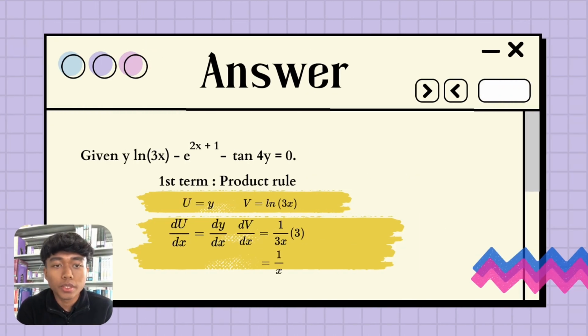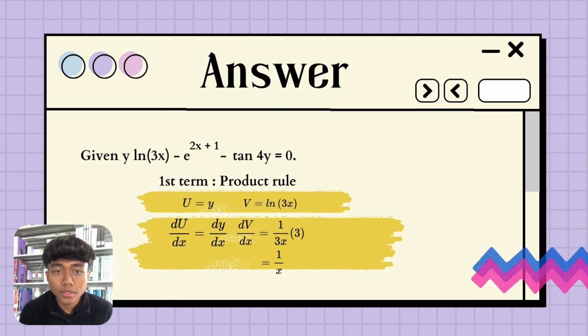As we can see, there are 3 terms in the question. For the first term, we need to use product rule. So given u equal to y and v equal to ln 3x. To solve this question, we need to differentiate u and v.